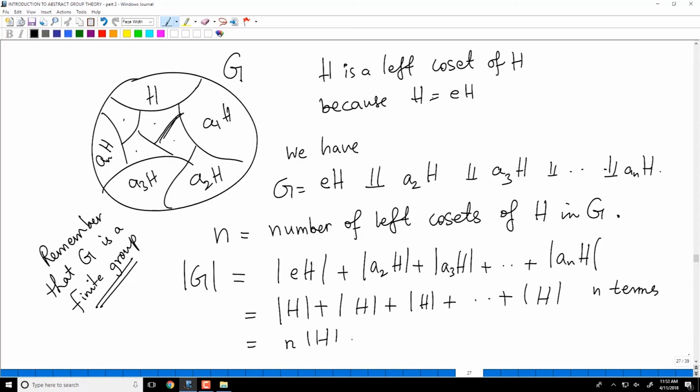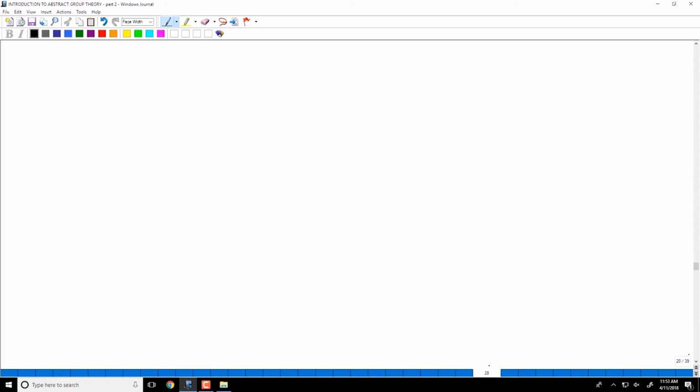And this leads us to state our first important theorem. Before that, let me define the following number. The number of cosets, I am going to stick to left cosets for this calculation and for this theorem, because everything that we have done is about left cosets.